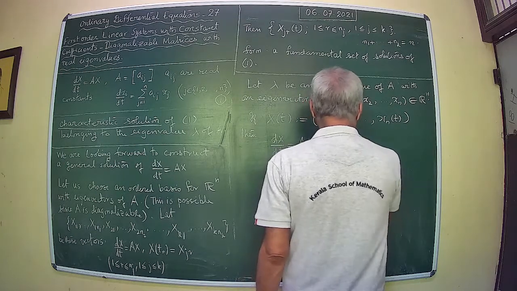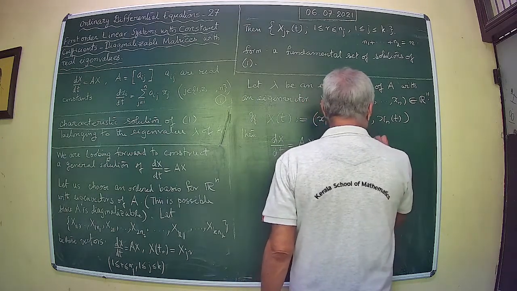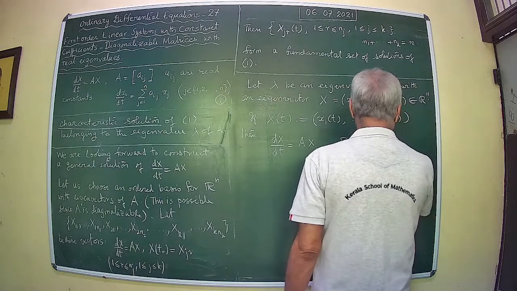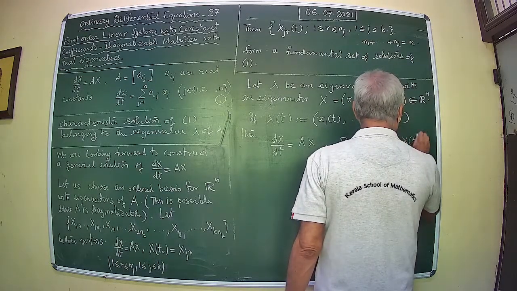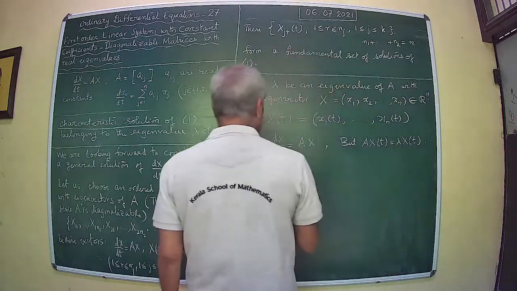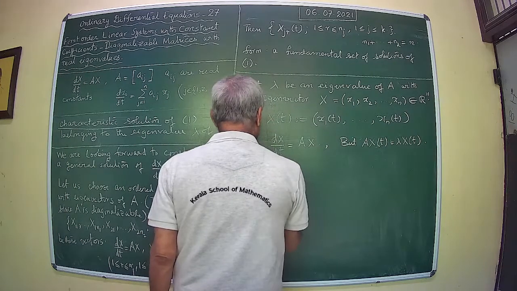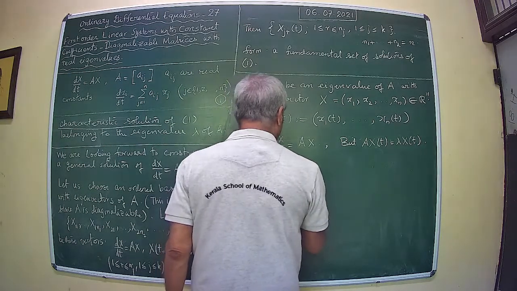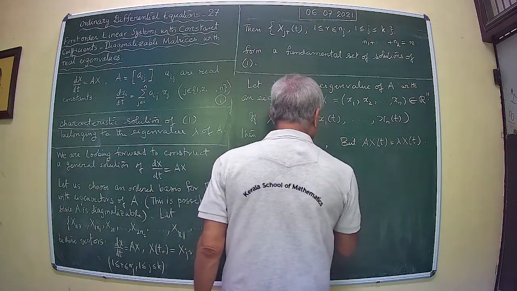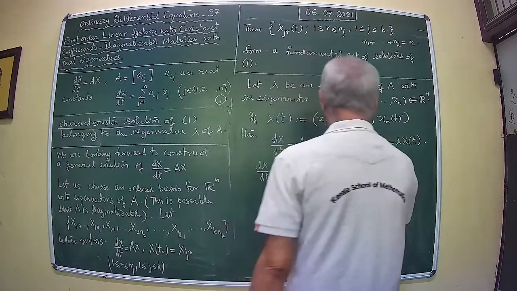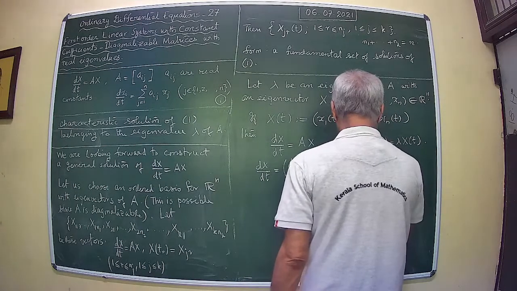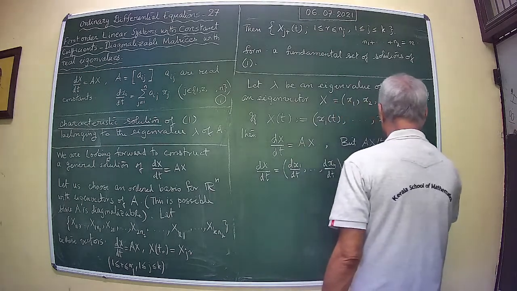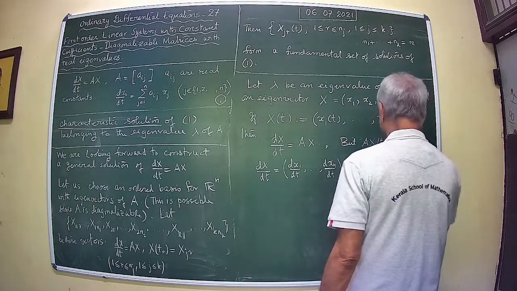But Ax equal to lambda x, therefore what you have, dx_i by dt is equal to lambda x_i.